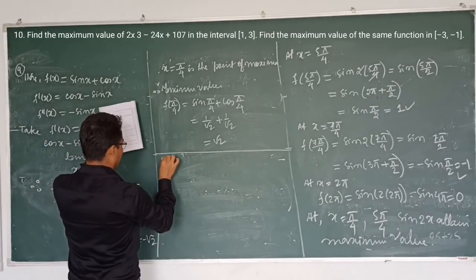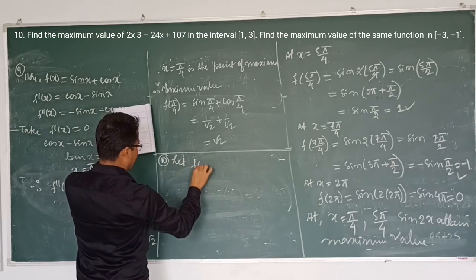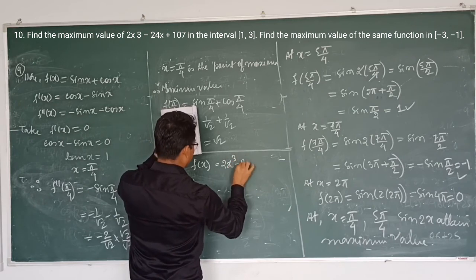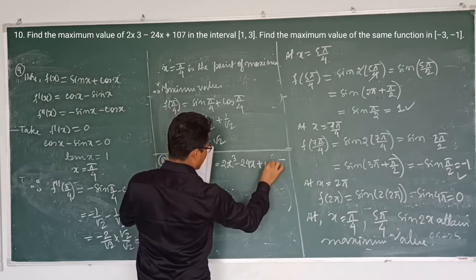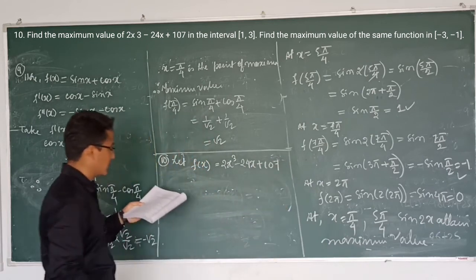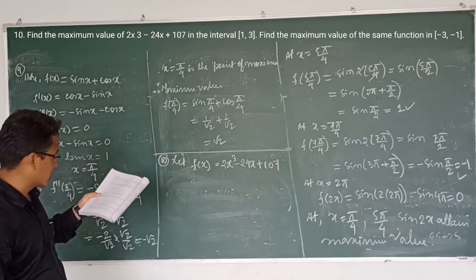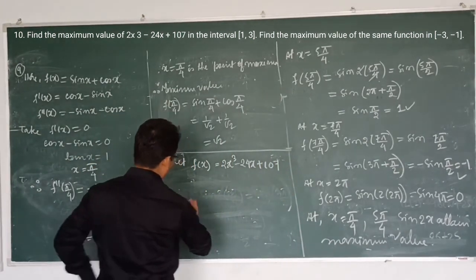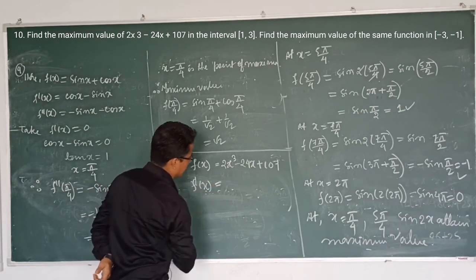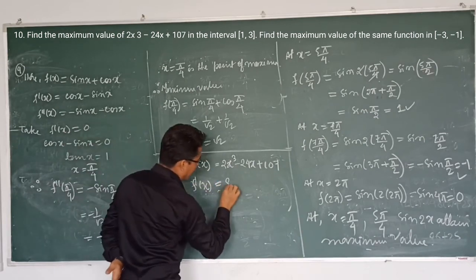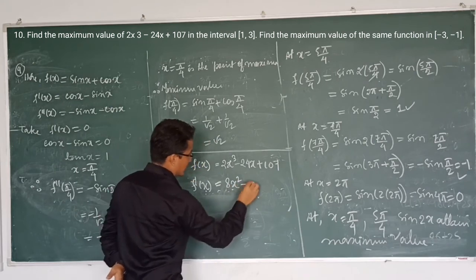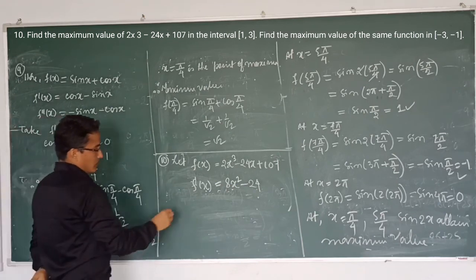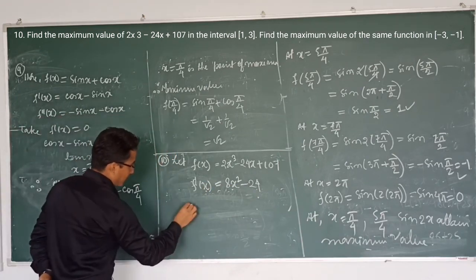Question number 10. Let's take this f of x, which is equal to 2x cube minus 24x plus 107. So what can we do? f dash x is 6x square minus 24. After that we are going to find the value of x.